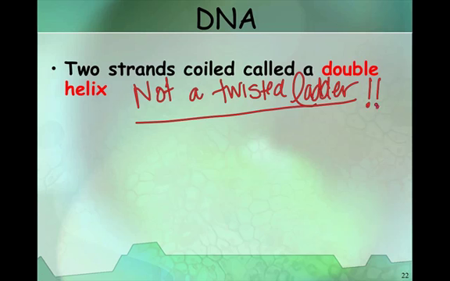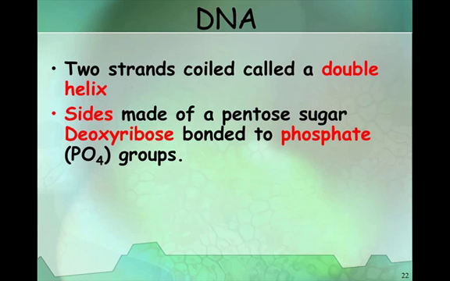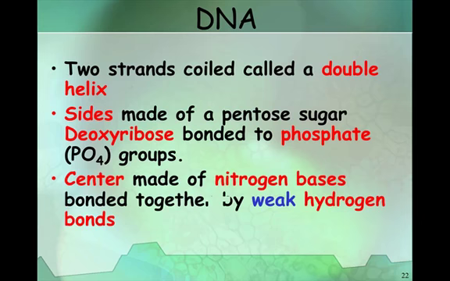We need to use the scientific name double helix. Once again, the sides are made of a pentose sugar, deoxyribose, and they're bonded to phosphate groups. The center, made of the nitrogen bases, is bonded together by weak hydrogen bonds.